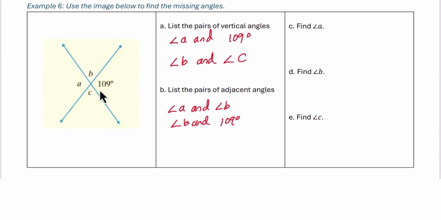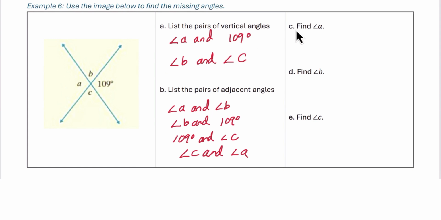We could also say the 109-degree angle and angle C share this side. And finally, angle C and angle A are also adjacent because they share this side.